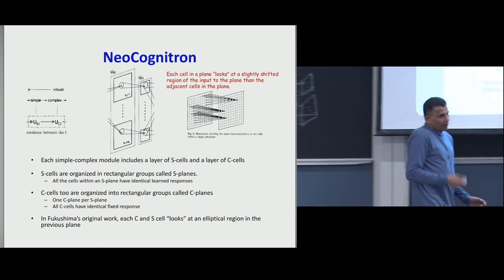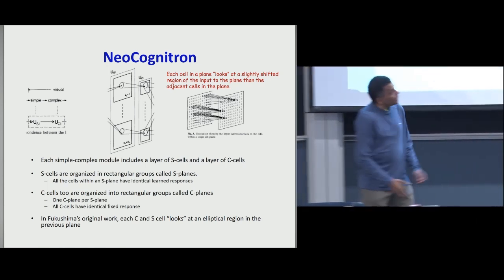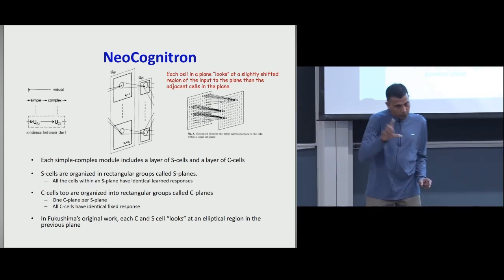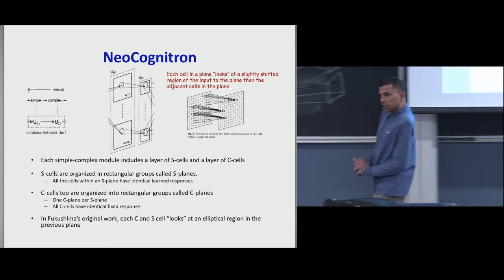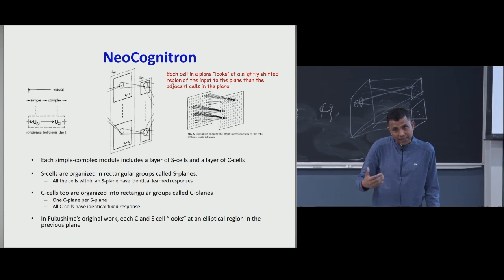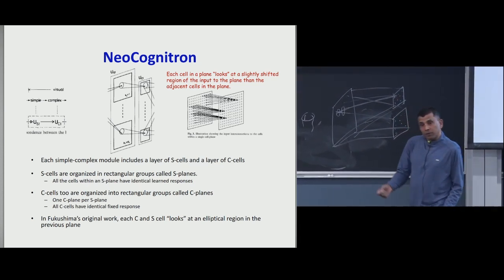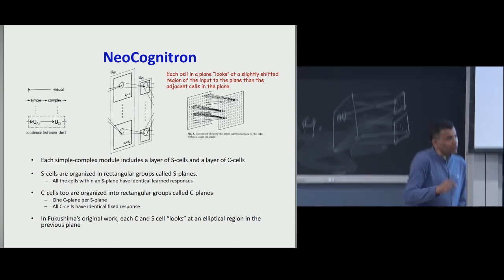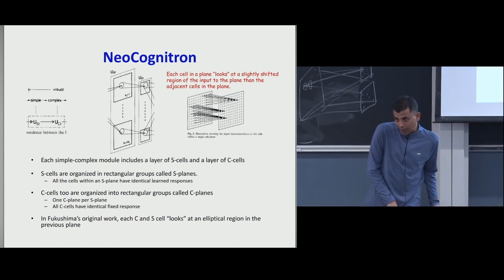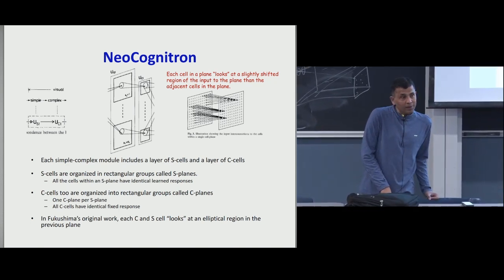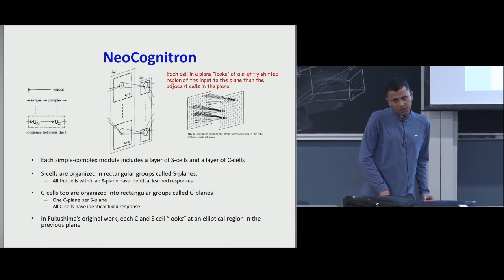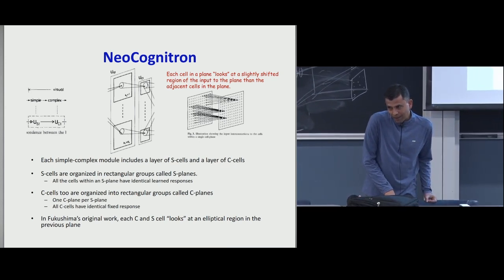So he hypothesized that within each SC combination, you have several such S planes, where within each S plane you have a number of neurons, each of which is looking at a different location in the input image, but all of them have exactly the same response, right?